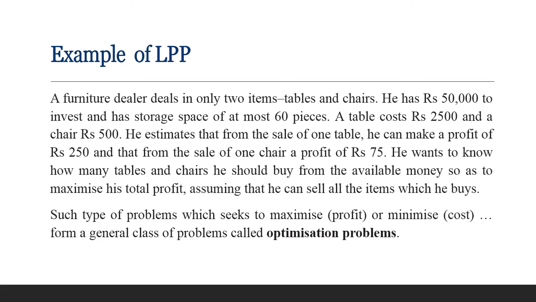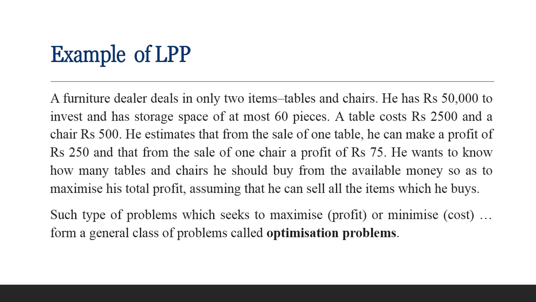We assume that whatever tables and chairs he buys, all will be sold, with the highest profit possible. He has given his background, the resources, constraints, limitations, and his expectation of profit. He is asking you for the number of tables and chairs to buy so as to maximize profit and minimize the storage space.